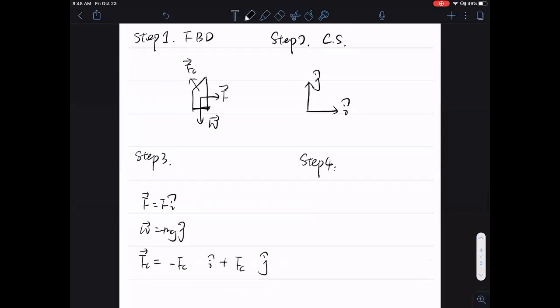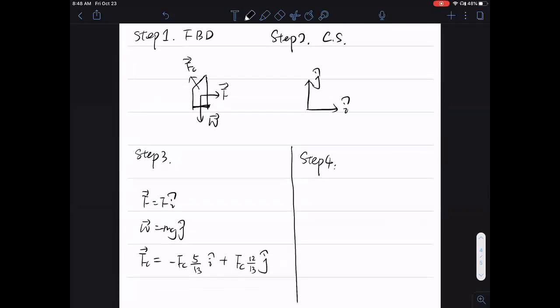So you can use that information to resolve all your forces. It's 5 over 13 times FC, negative in the I direction. It's FC times 12 over 13, positive in the J direction. That's all the forces.